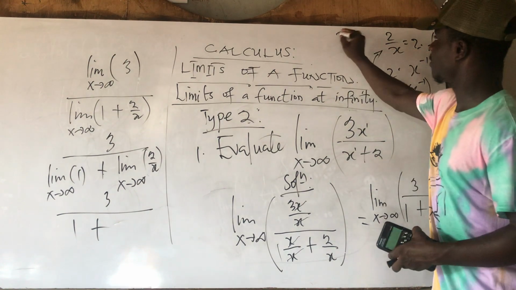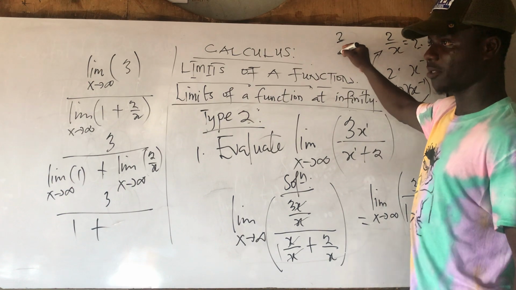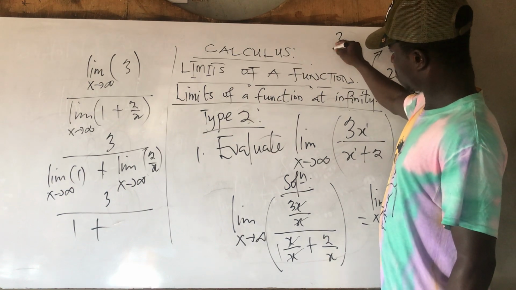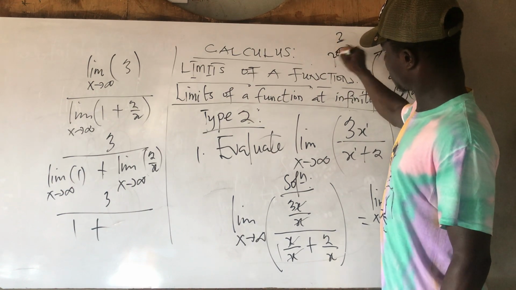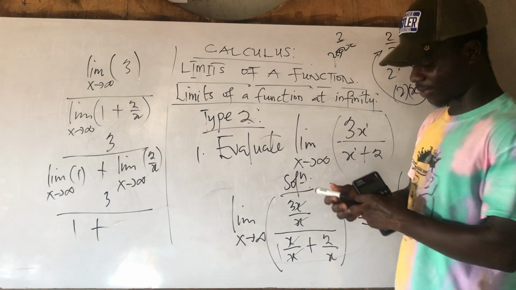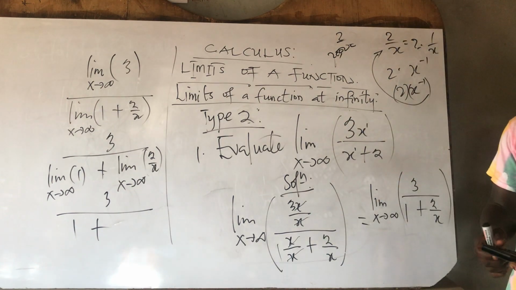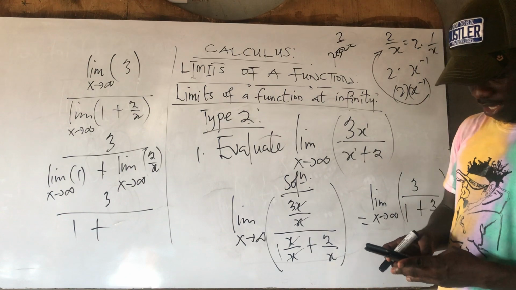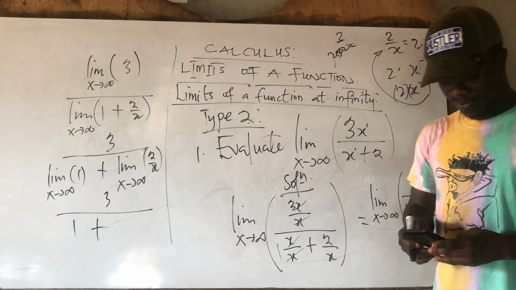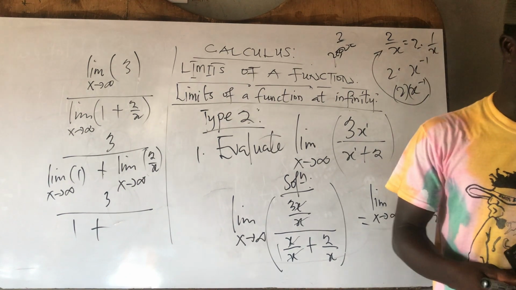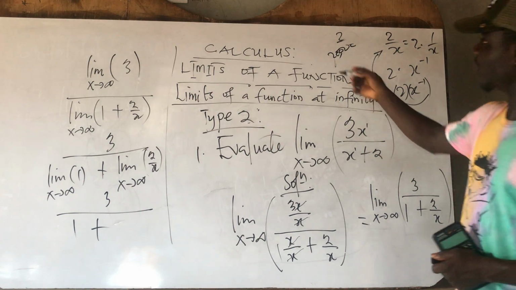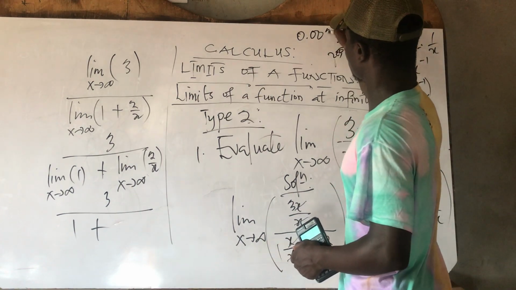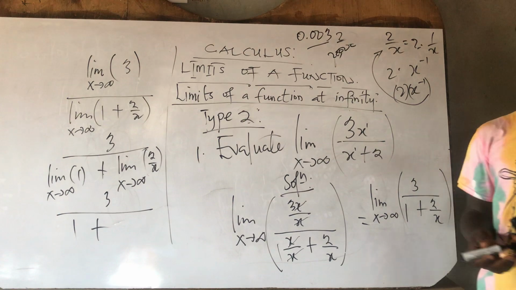So now let's see. I take x to be, let's say, 20,000. When you take x to be 20,000, 2 on 20,000 is 0.0001.